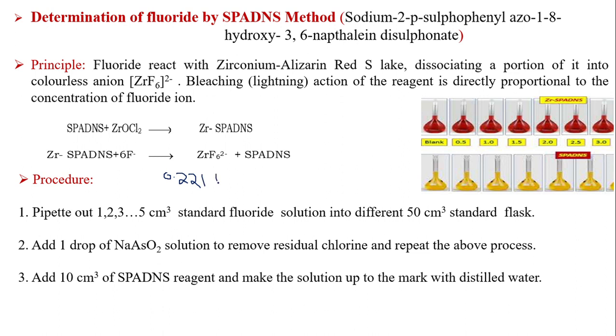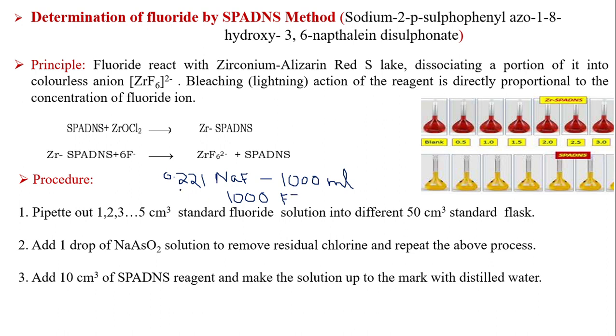This 0.221 gram of NaF, sodium fluoride, is dissolved in 1000 cm cube of distilled water or millipore water. When you prepare like this, it is called 1000 ppm fluoride solution. The strength of the fluoride ions in this is 1000 ppm.